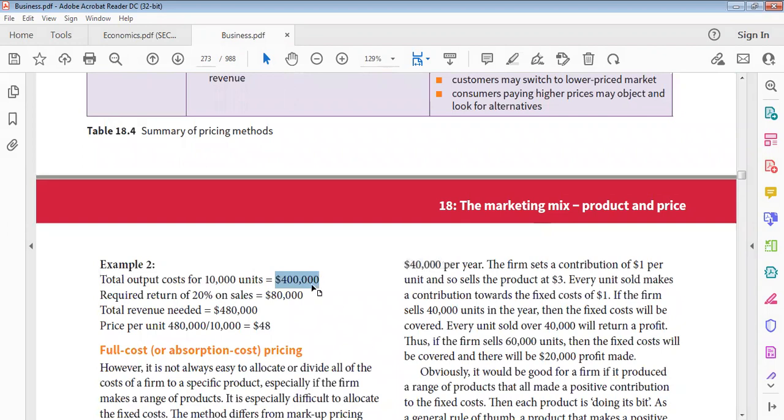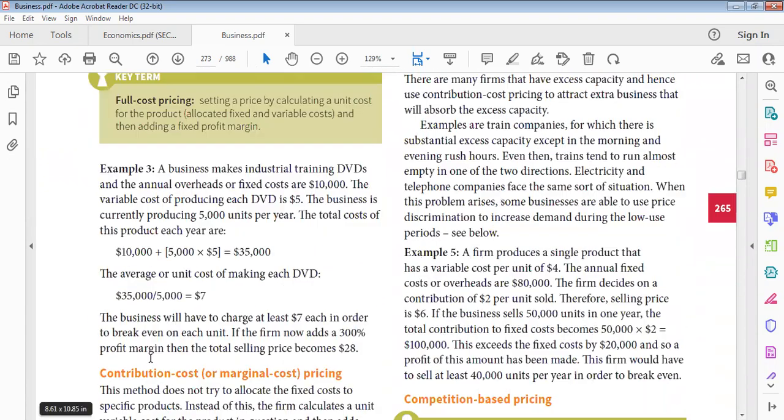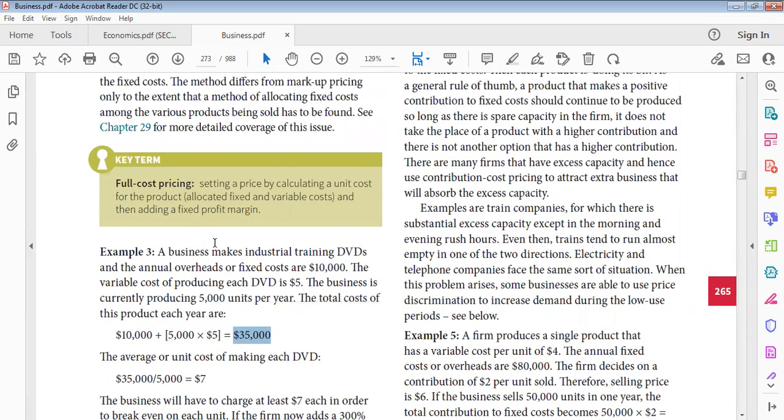We're just guessing the number, or maybe this is an approximate cost. But when you use full cost, you must have the details. You must know your fixed cost and your variable cost. That way, your total cost will be more accurate than the previous method.